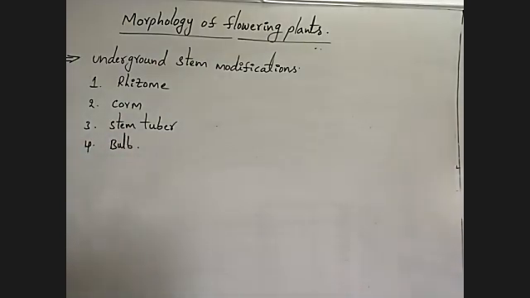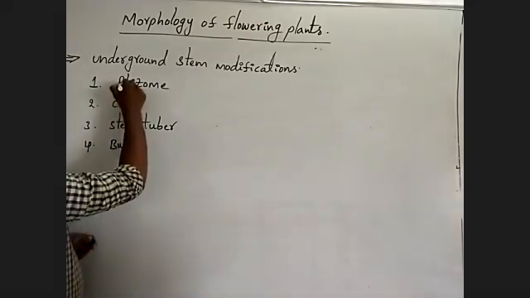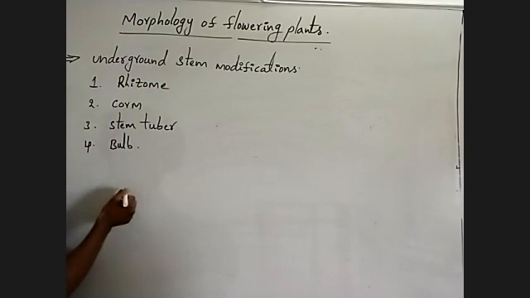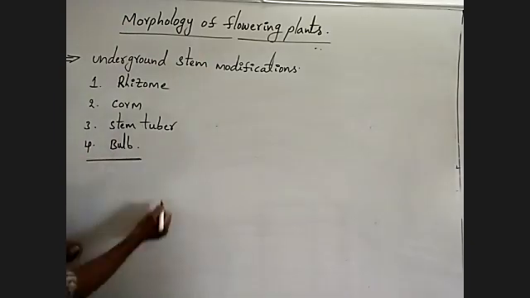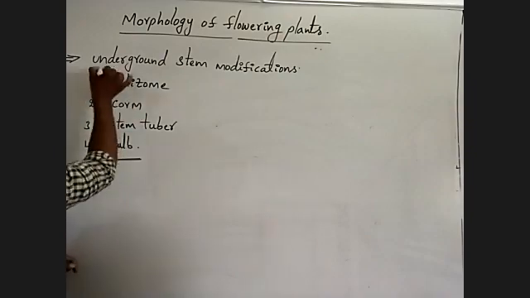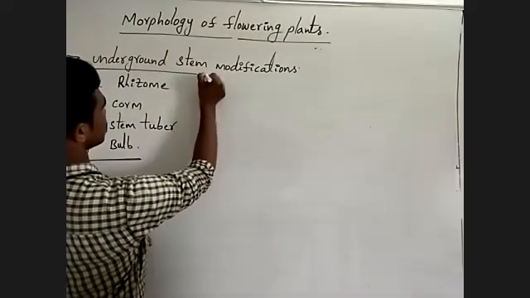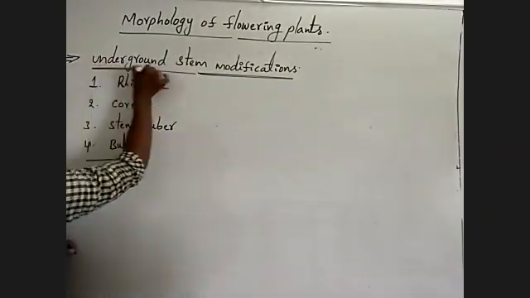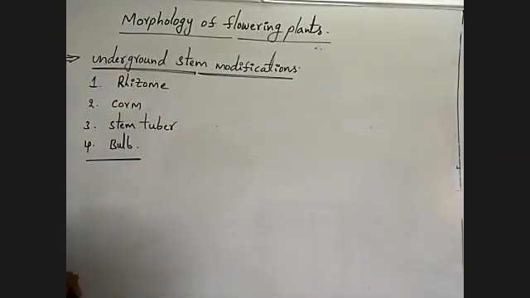Next one is bulb. These are important four types of underground stem modifications. Underground stem modification.